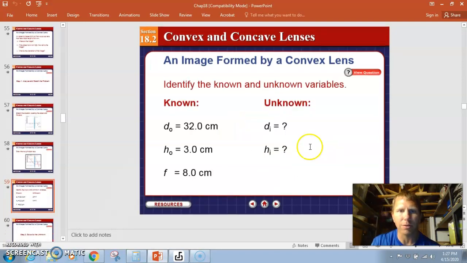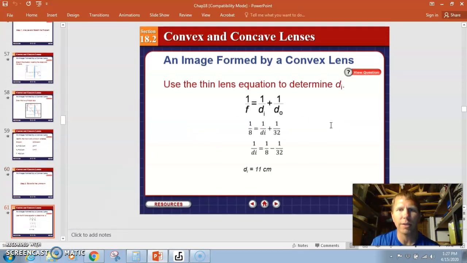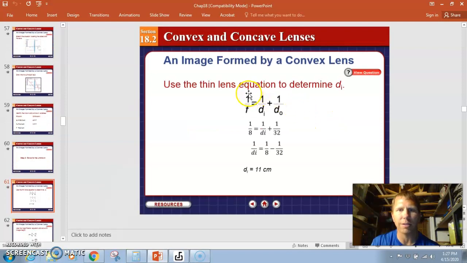Okay, so there's what we know. We know our distance to the object was 32, our height of the object was 3, and our focal length was 8.0 centimeters, and here is what we are trying to find. So we start with our lens equation, 1/f = 1/di + 1/do.